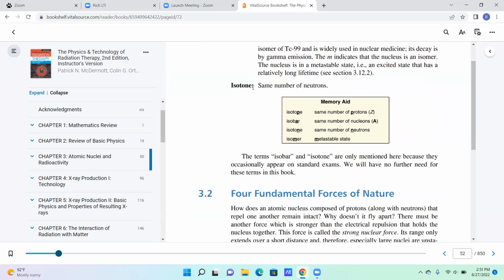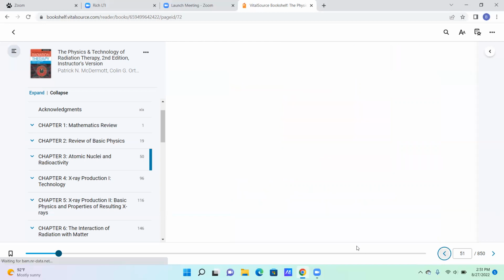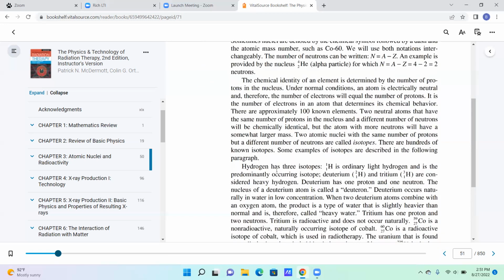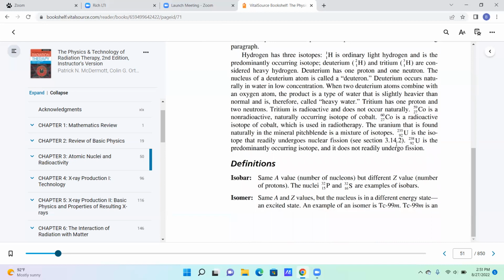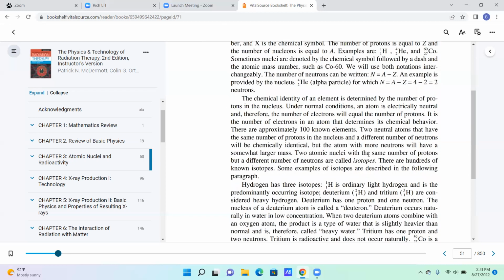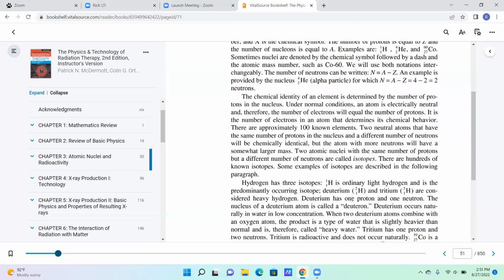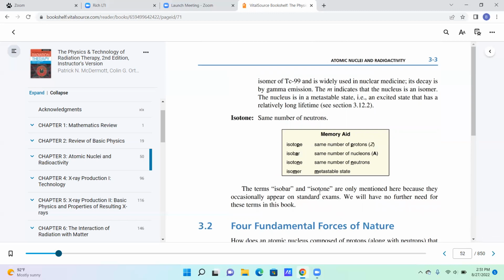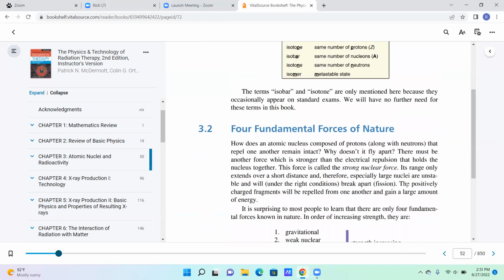The way I remember isotone, the N there refers to neutrons. If you go back and look at isotope, the P there signals the same number of protons. And that's how I remember it. You can see all of that summed up here in the memory aid.